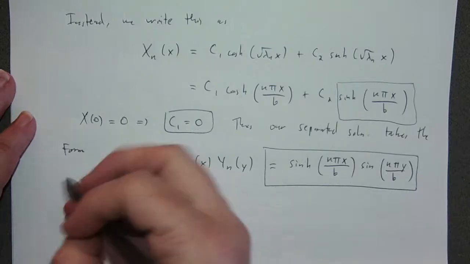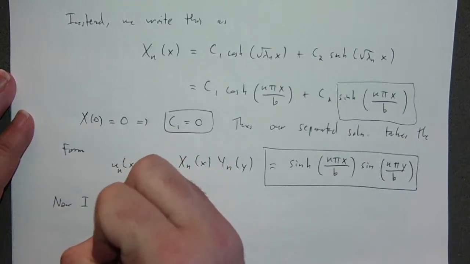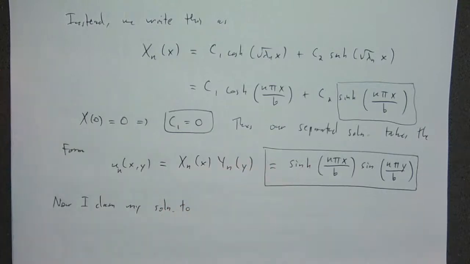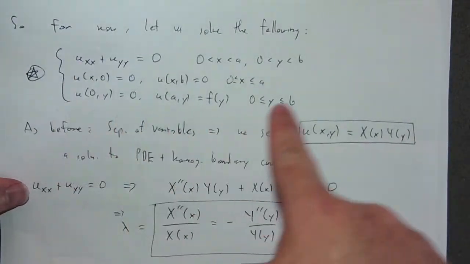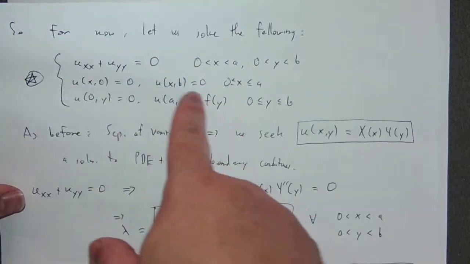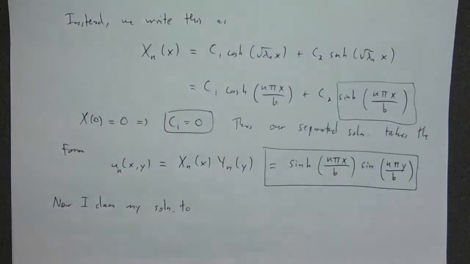So now I claim my solution to what was the problem that we were solving originally. Let's go back and look. It was this one that had three homogeneous boundary conditions everywhere except this last one was not. We called this star.